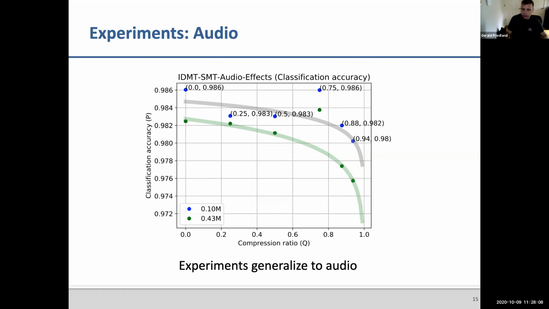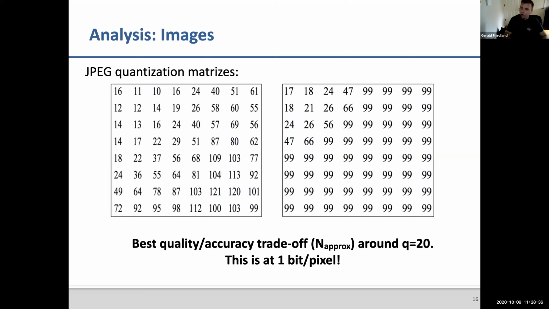And so it works for audio. And so the interesting part here is that you can now find even more. We found out that over all data sets and over all experiments that we did with images, JPEG Q equals 20 was the point of nApprox for all data sets and for all experiments we took.